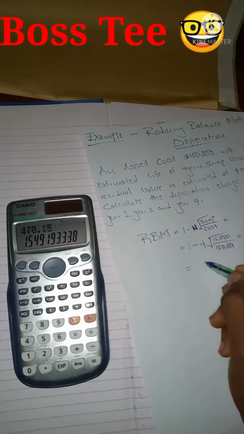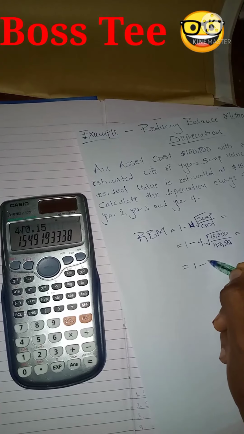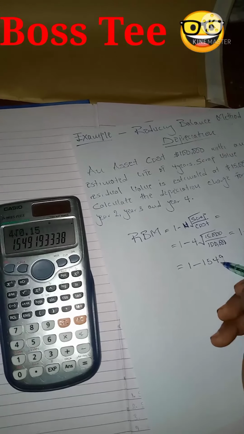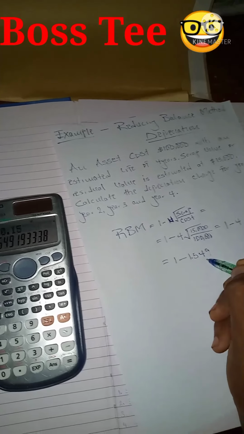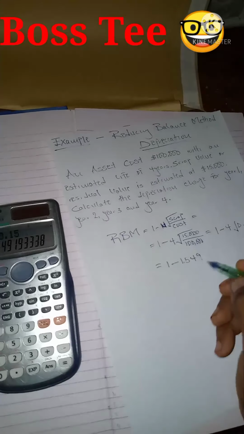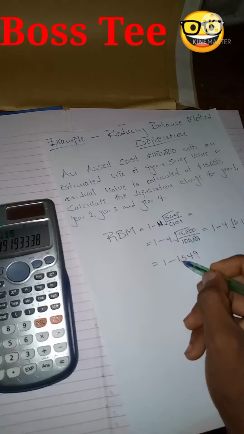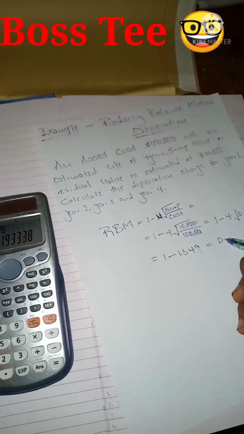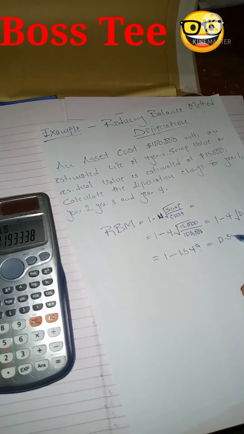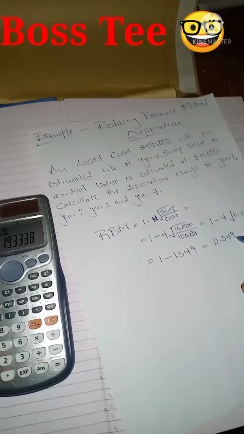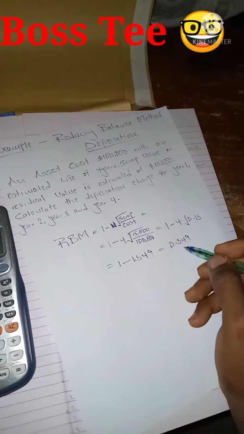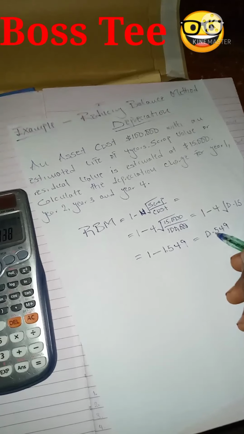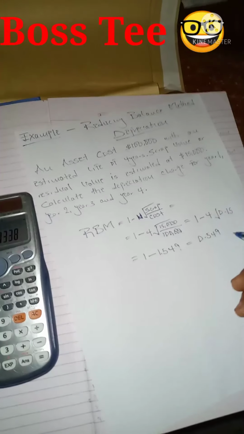It gives us 0.451. Okay, good. So what do we have? 1 minus 0.451. We are having 0.549.